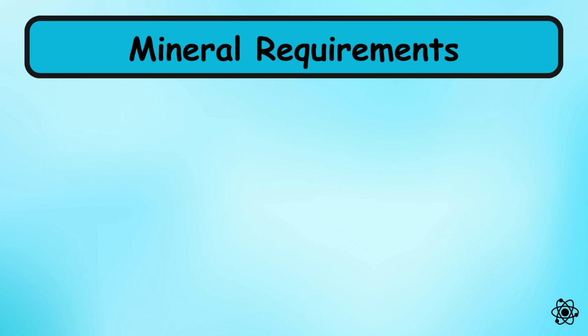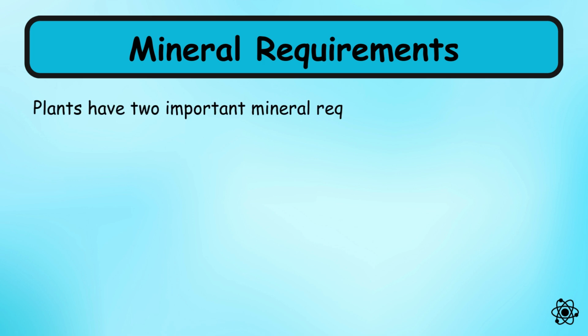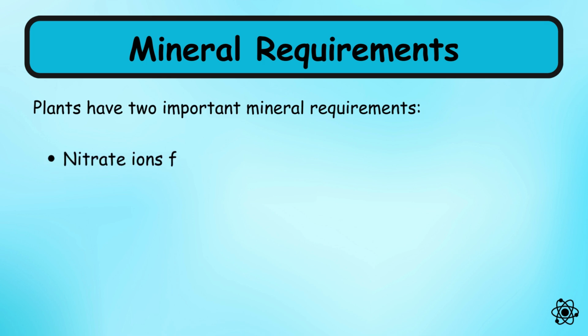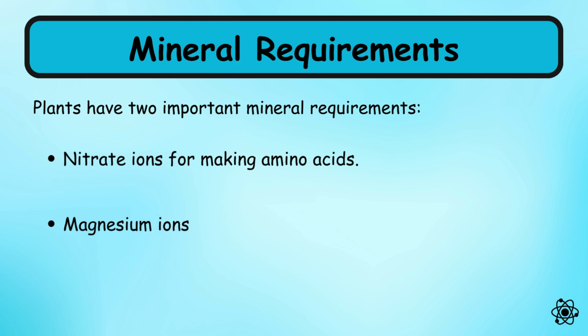Although plants make their own carbohydrates, they also need certain minerals to photosynthesize and grow. Plants have two important mineral requirements: nitrate ions for making amino acids and magnesium ions for making chlorophyll.